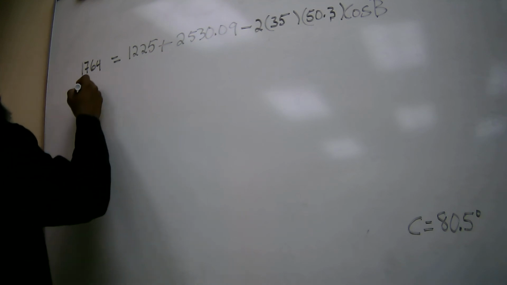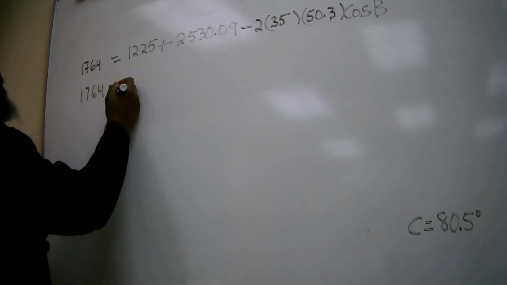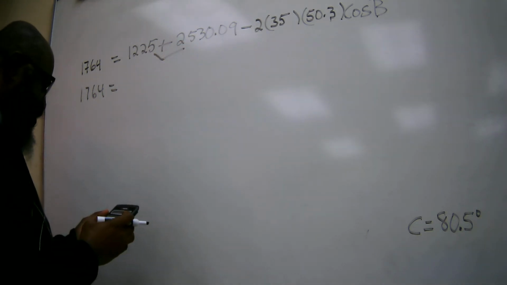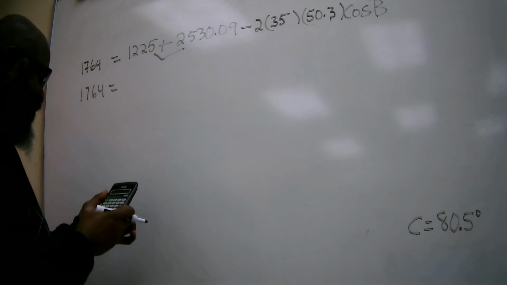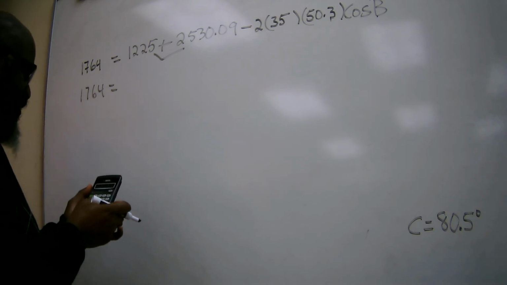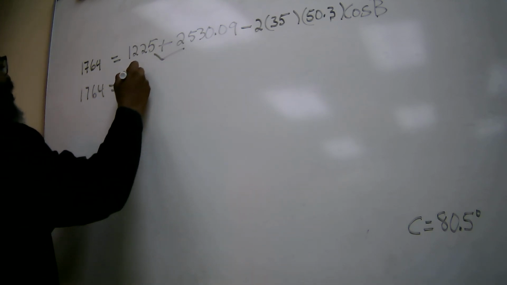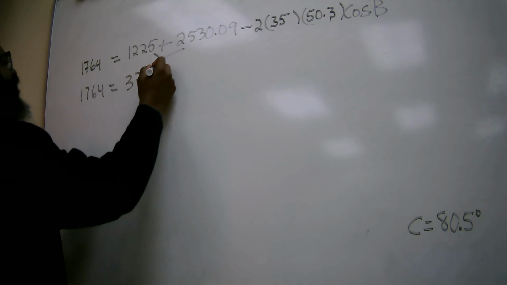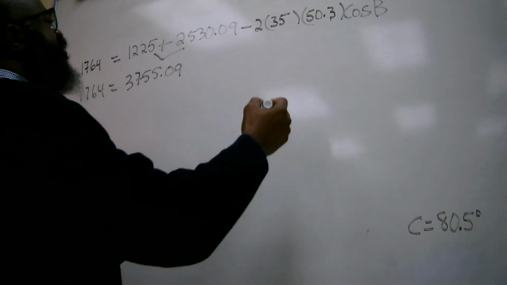Then I will have 1764. I'm going to add those two numbers. That would be 1225 plus 2530.09. You have to add those two. You will end up with 3,755.09. Then those are multiplications.